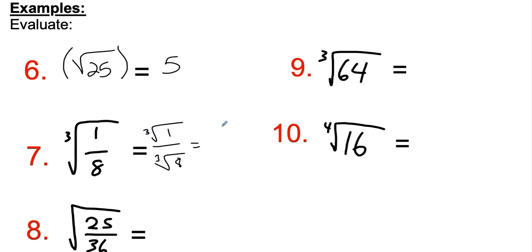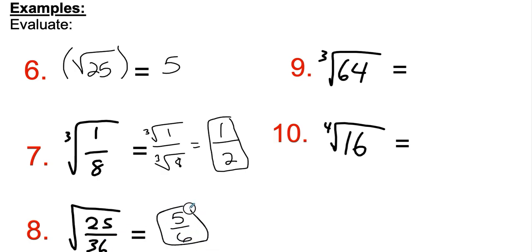So cube root of 1, that's just a 1. Cube root of 8, that's a 2. And then that would be your answer. Okay. Same way here, square root the top, square root the bottom, we'd have 5 over 6. And you should be able to reduce these, or sometimes you can reduce these, make sure you reduce them all the way. Cube root 64, that's one we wrote down, that's a 4.